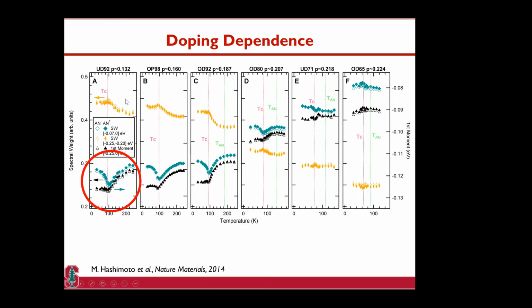But if you want to use this jump at TC as a measure of the antagonizing relationship between these two, then you can see as a function of doping, this ends somewhere around 20% also. So this is also consistent with the fact that there is some physics change in this doping range.